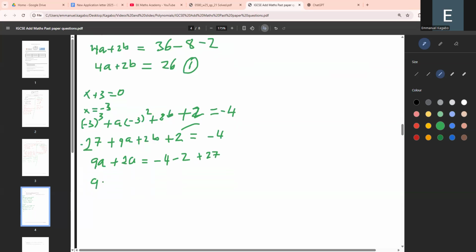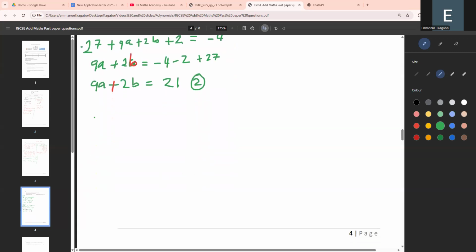Okay, very good. 9a, oh, sorry, this is supposed to be b. This is 2b, equals to what am I going to get? This is minus 6, so it will give me positive 21. This is my second simultaneous equation.